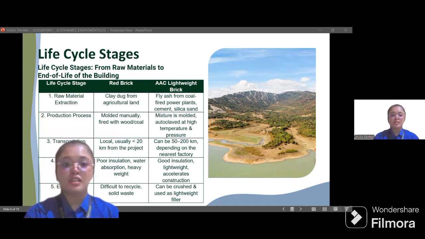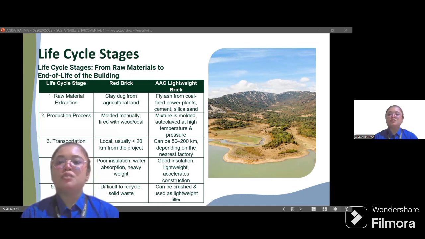The next one is transportation. Red brick is usually produced locally and near to the project site. The distribution distance is short, typically less than 20 kilometers, resulting in relatively low transportation emission.